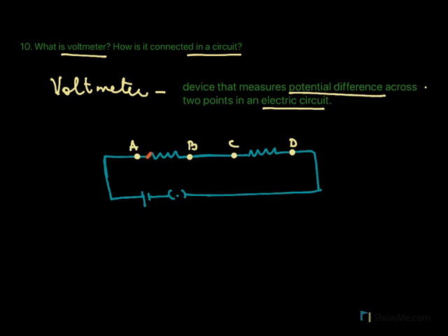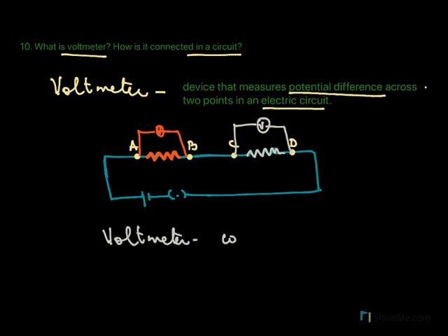If I want to measure the potential difference across AB, I will connect the voltmeter in parallel here. If I want to measure the potential difference across CD, I will connect my voltmeter in parallel here. So a voltmeter is always connected in parallel.